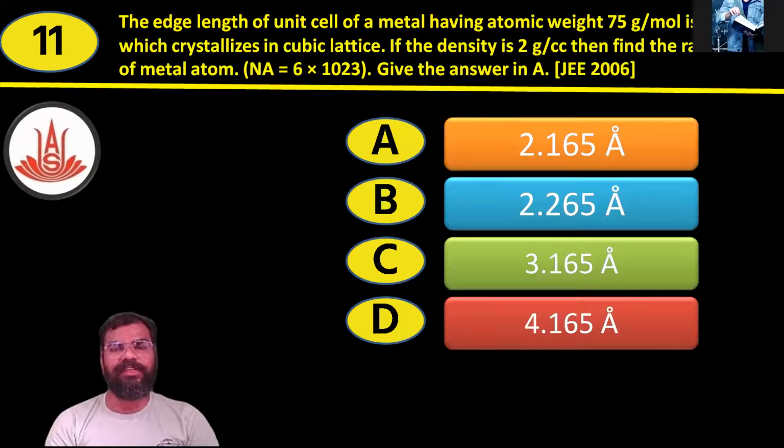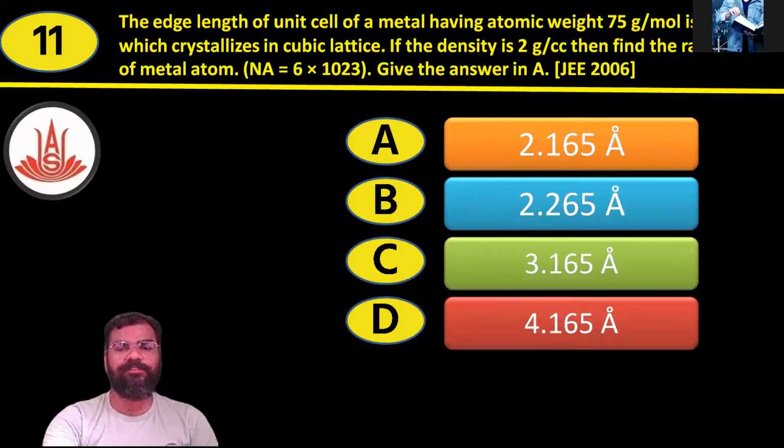Give the answer in Å, means in angstrom, not in picometer, not in centimeter, not in meter. They've asked for it in angstrom. So there are four options: 2.165 angstrom, 2.265 angstrom, 3.165 angstrom, and 4.165 angstrom.